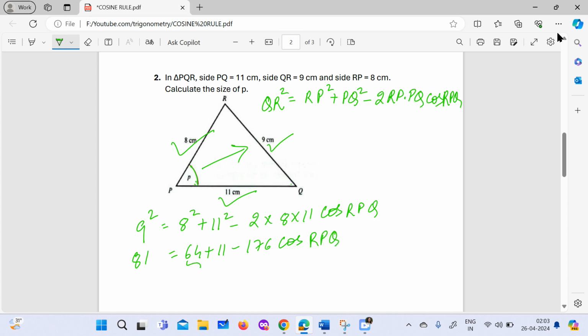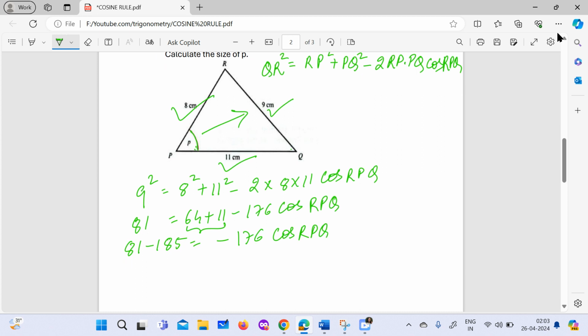Now we can shift these two values to the left hand side. So you get 81 minus 185, which is equal to minus 176 cos RPQ. And then you get here minus 104, which is equal to minus 176 cos RPQ.